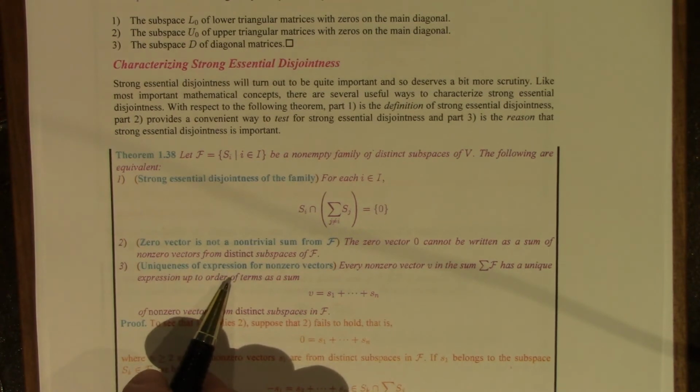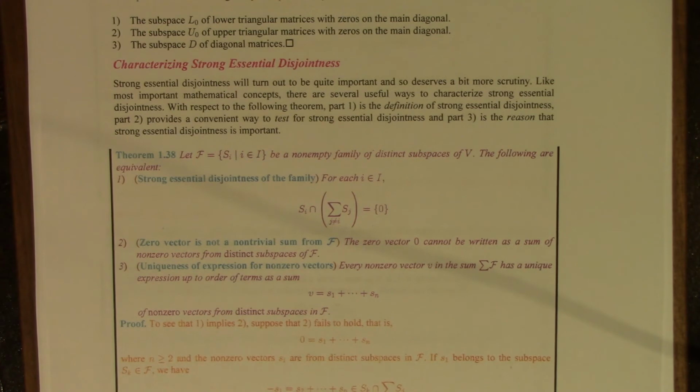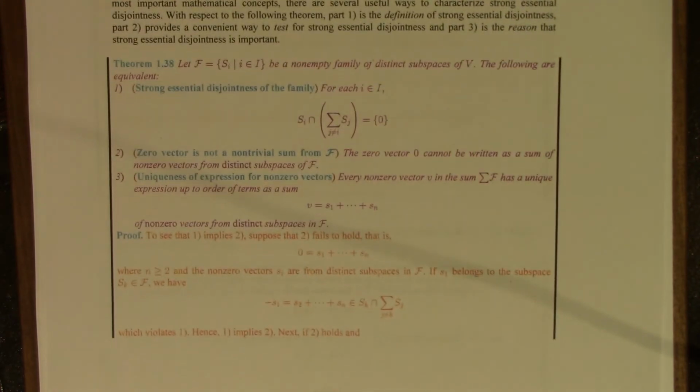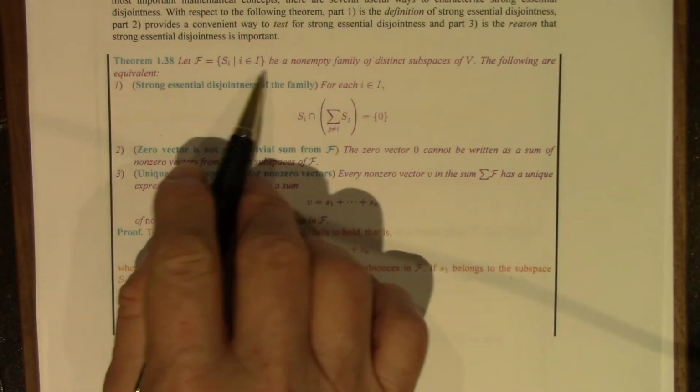Part one is the definition of strong essential disjointness. Part two provides a convenient way to test for strong essential disjointness, and part three is the reason that strong essential disjointness is so important. So let's take a look at this theorem.